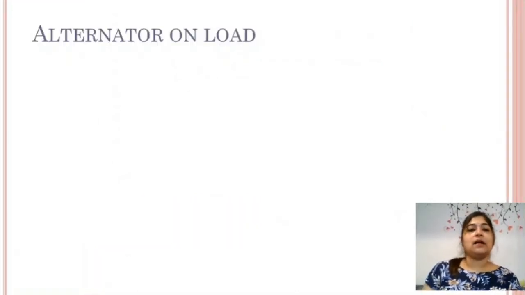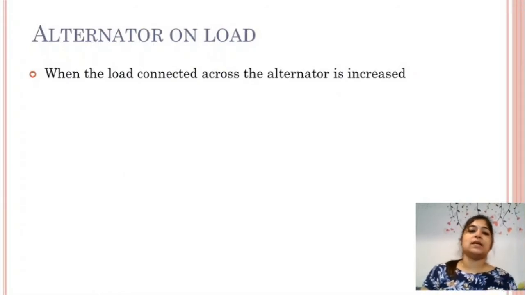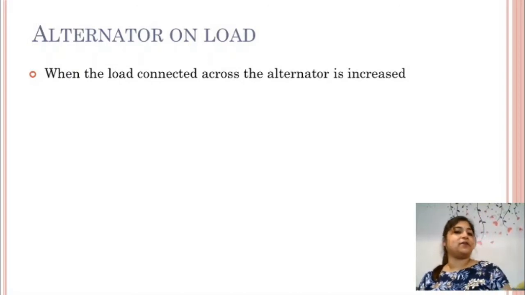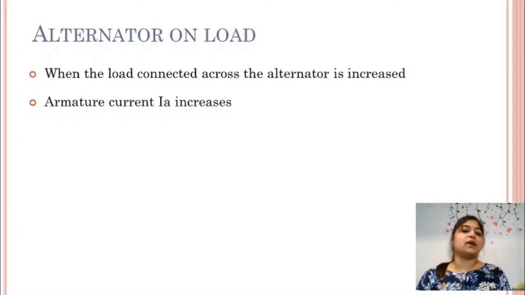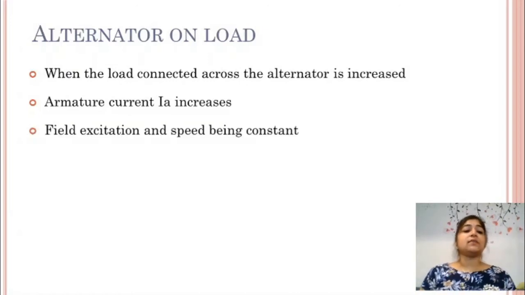Now, when you load an alternator and you increase the load on it step by step, what happens to current? Yes, the load draws more and more current if it increases. So, more and more armature current flows through it. If armature current increases, with field excitation and speed being constant.